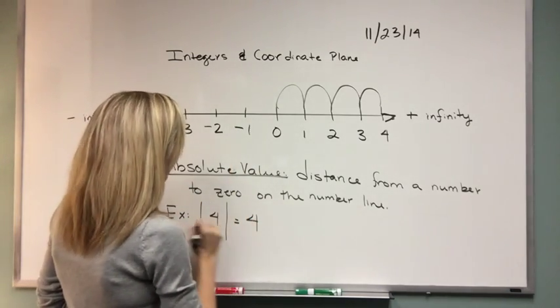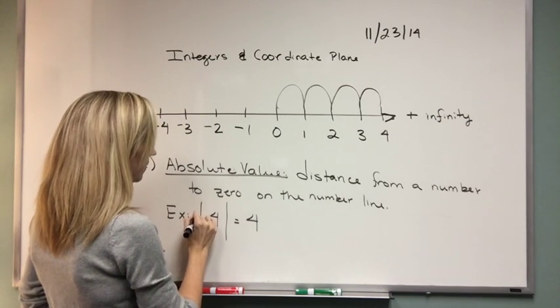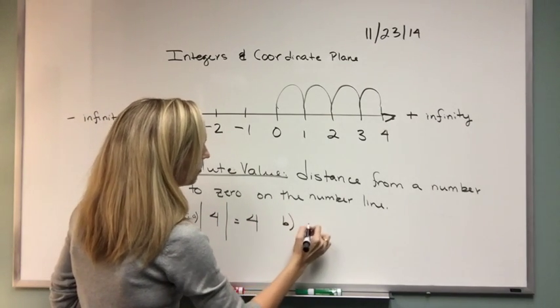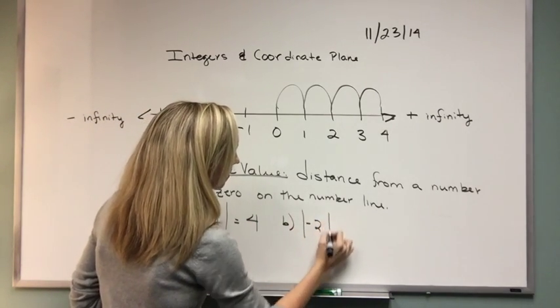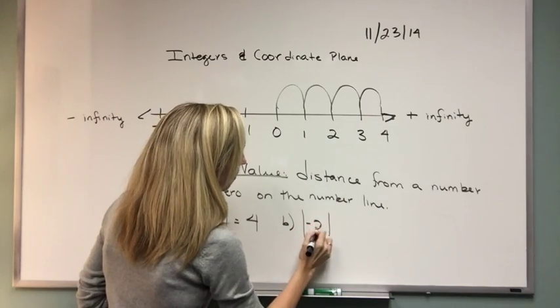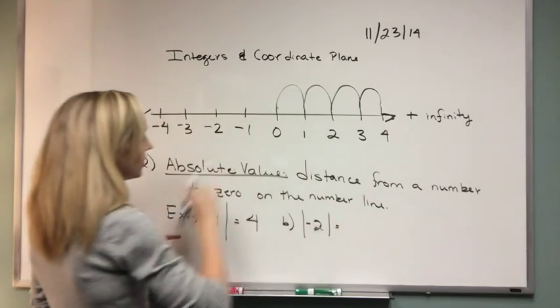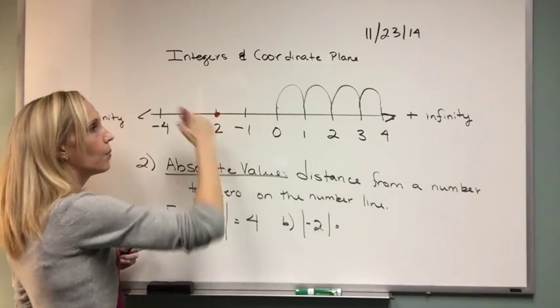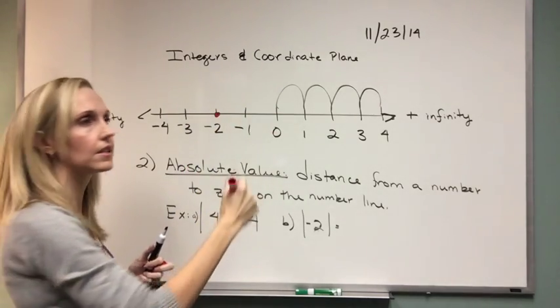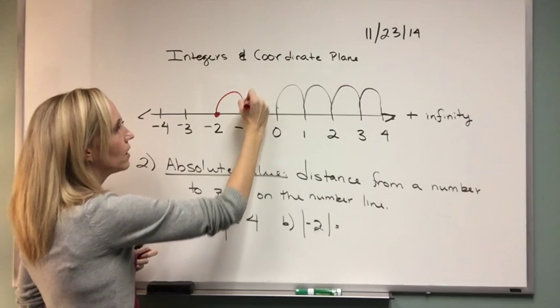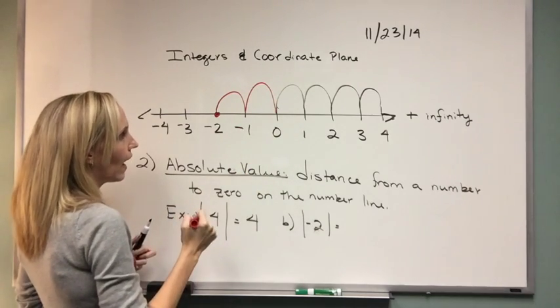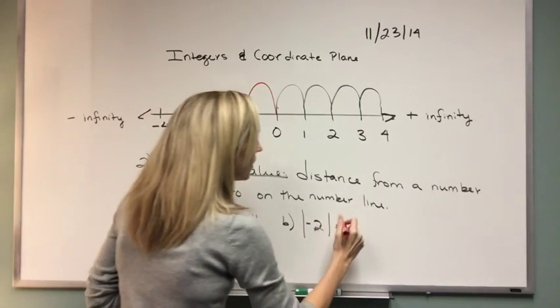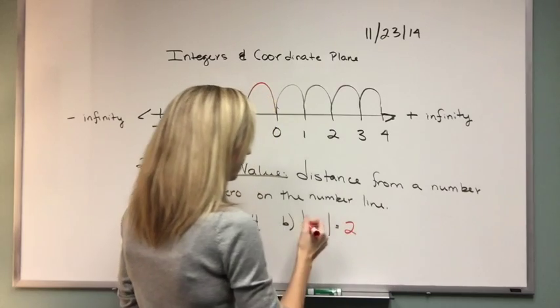What about the absolute value of -2? It's a horrible 2, I apologize. Well, let's go on the number line here. Here's -2. How many times do I have to move to get to 0? 1, 2. So the absolute value of -2 is 2.